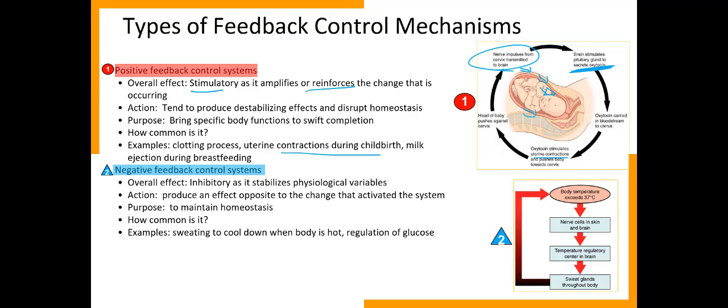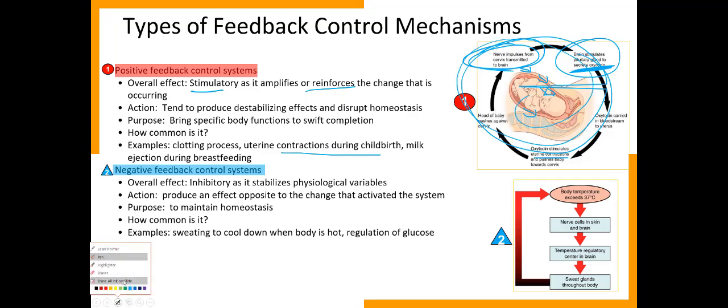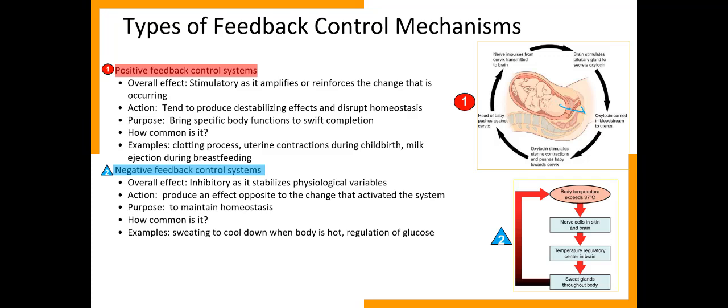And so then, instead of just the head, you've got the shoulders, which send another signal to the brain, which secretes oxytocin, and it goes around and around until all of the baby exits and the baby's born, right? Once the baby's born, there's nothing pushing against the cervix, and so the nerve impulses stop.